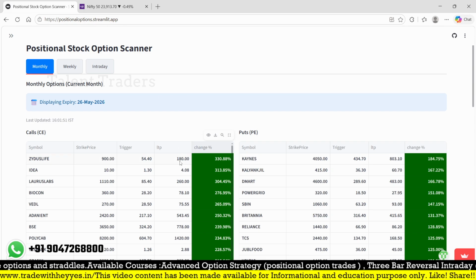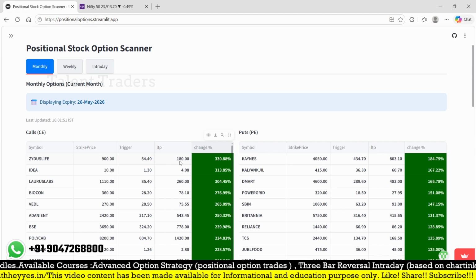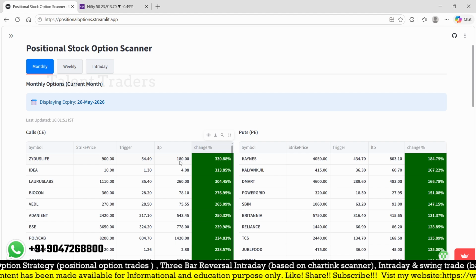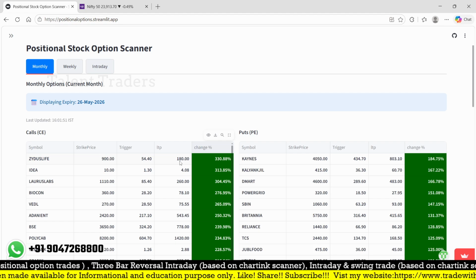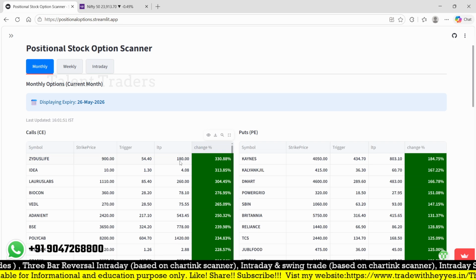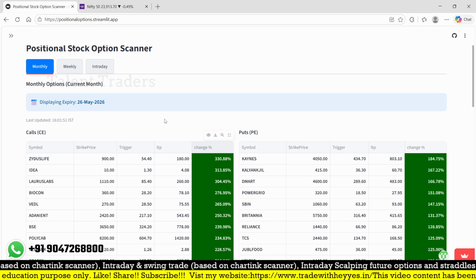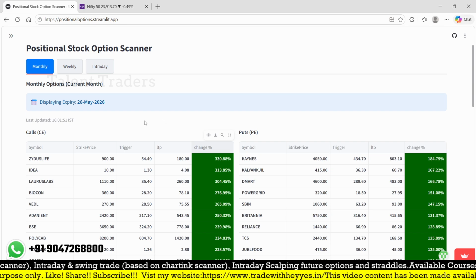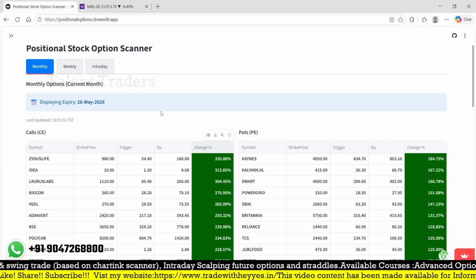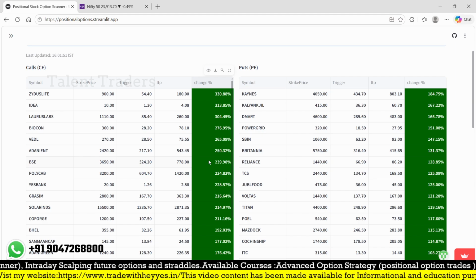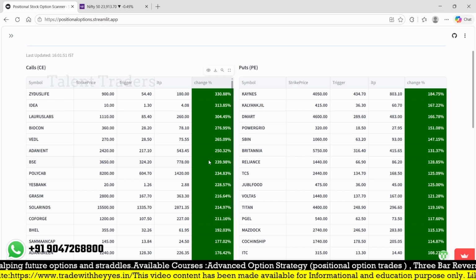A lot of people ask where we can start our positional strategy after the expiry. This month we started from 1st May to 26th May. The contract is expired, and tomorrow we are going to update the June contract here, but that is not for positional.